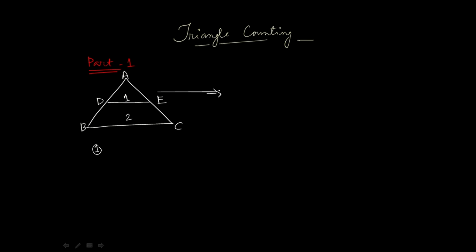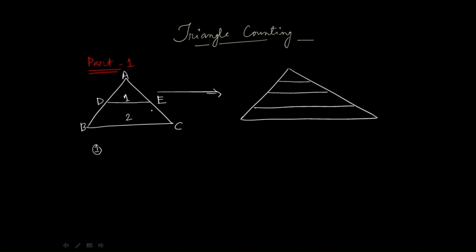So, for the next one, tell me how many triangles are there in this figure. How many? There is 1, 2, 3, 4. 4 triangles, right?